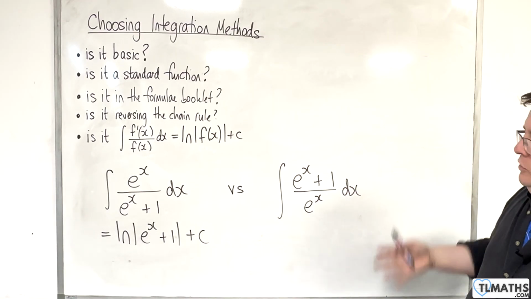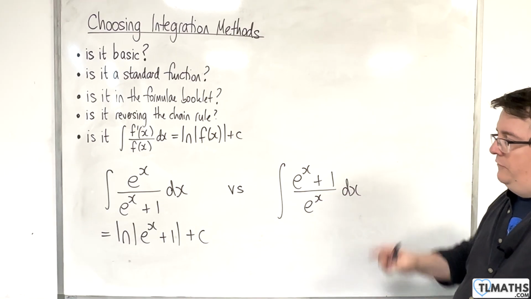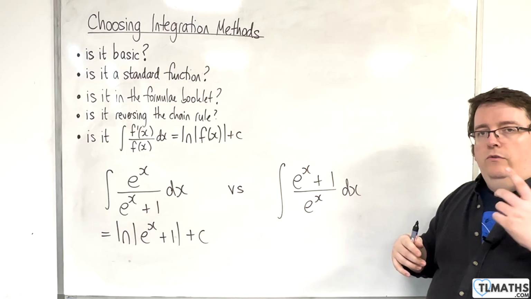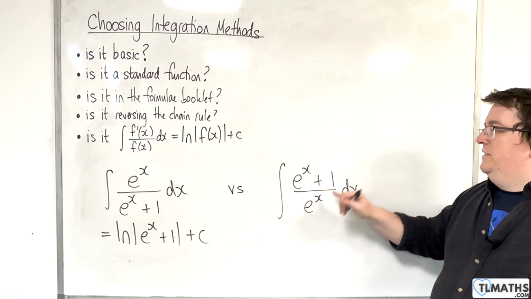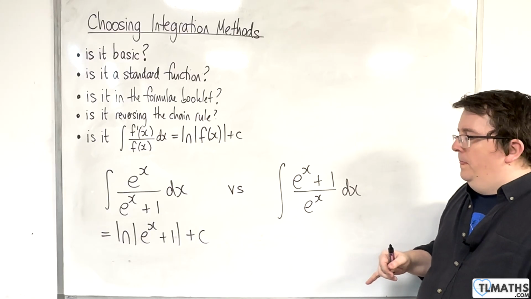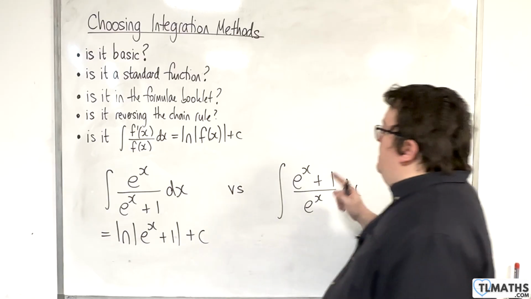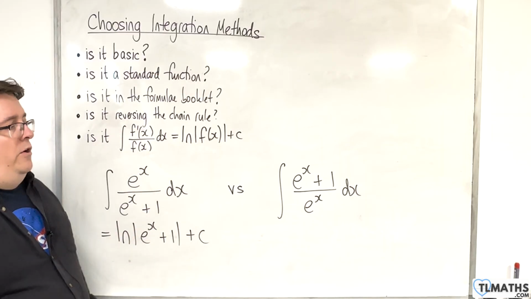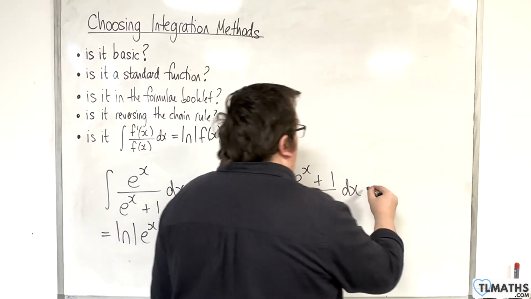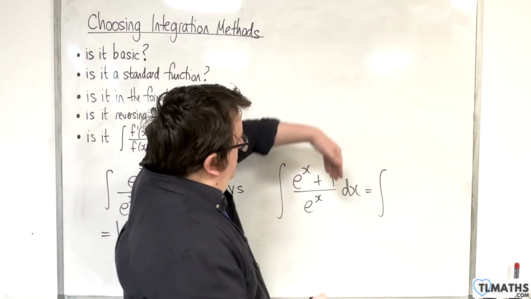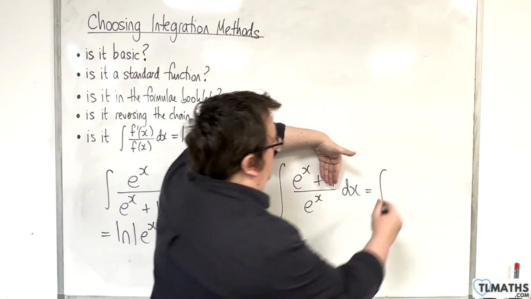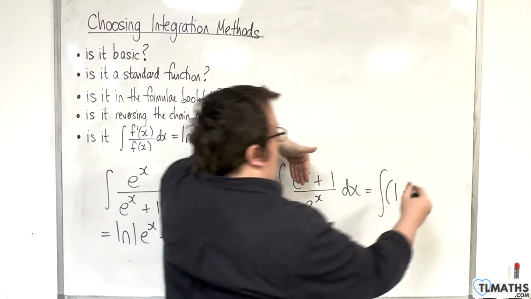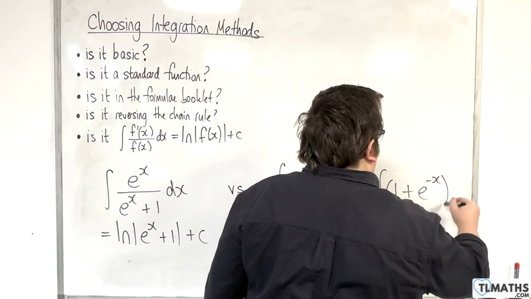But this one, which looks awfully similar, I've just done the reciprocal. Does the bottom differentiate to the top? No. e to the x doesn't differentiate to e to the x plus 1. This is going back to, is it a basic? Because this one you can split up into e to the x over e to the x, which is 1, plus 1 over e to the x, so e to the minus x.